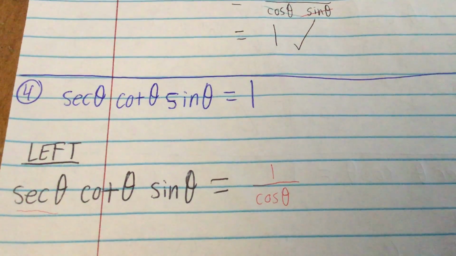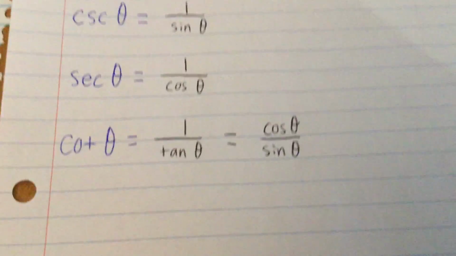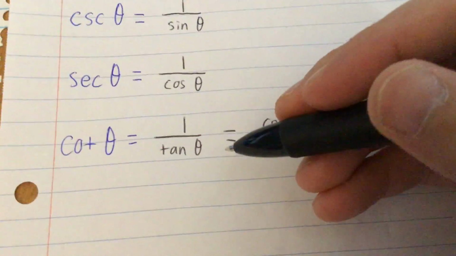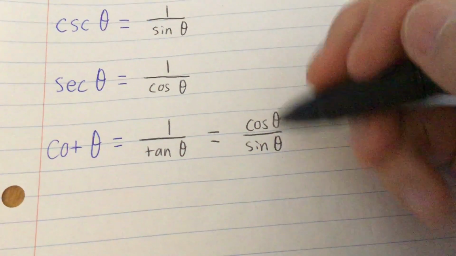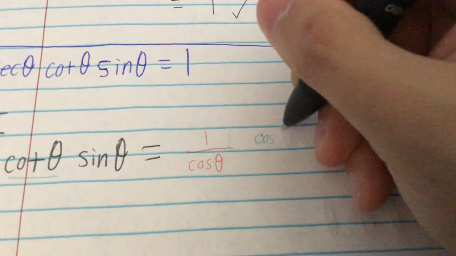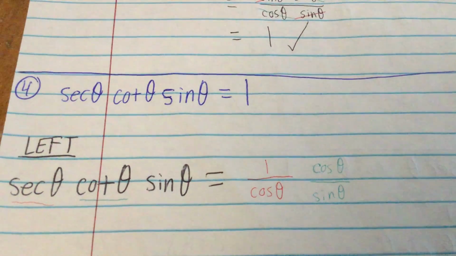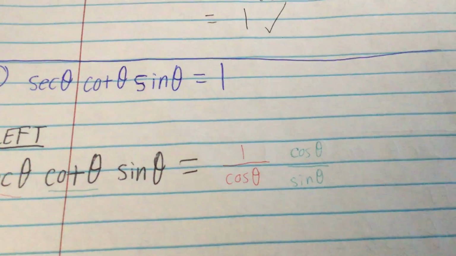And cotangent, can I rewrite that? Yeah, I can rewrite cotangent as 1 over tangent, but if I want to break it down even further, I could write this as cosine over sine. And finally, can I break down sine? Not really.